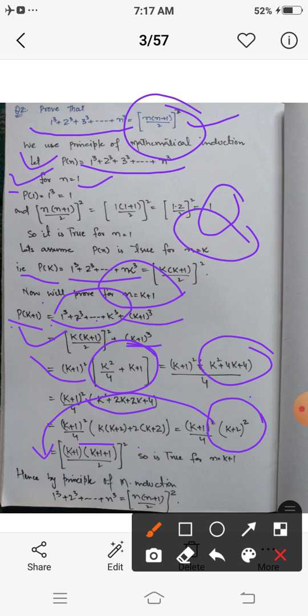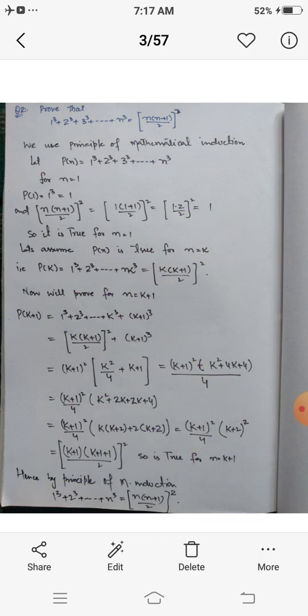So this means that this result is of the form n into n plus 1 upon 2 whole square, because here we have k for n, and n plus 1 means k plus 1 by 2 whole square. So this means that p of n is also true for n equals to k plus 1. Hence by the principle of mathematical induction, the sum of the first n cubes, that is 1 cube plus 2 cube so on to n cube, is n into n plus 1 upon 2 whole square.